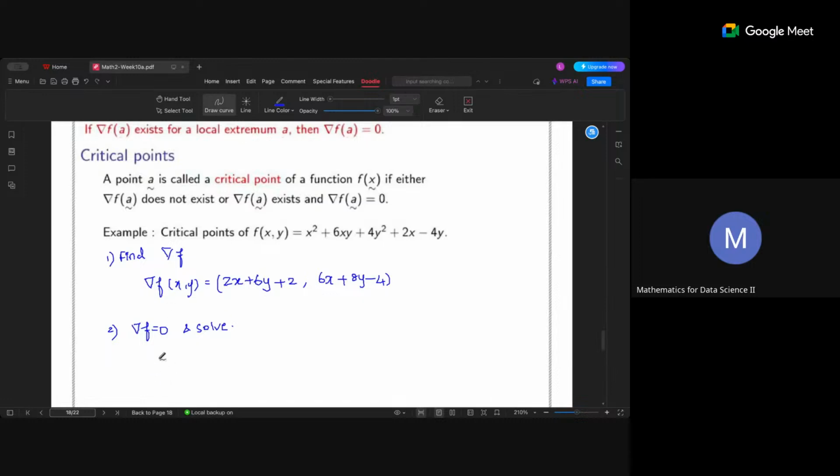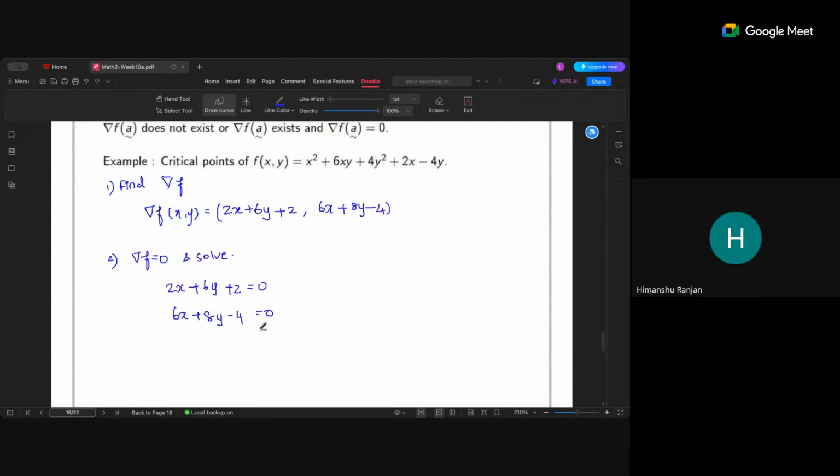If you put del f equal to 0, what will you get? Ma'am, can't we directly find fx equal to 0, fy equal to 0? Yes, of course, that is what we are doing. Instead of writing fx, fy, I am writing del f. It is the same process, nothing is different.